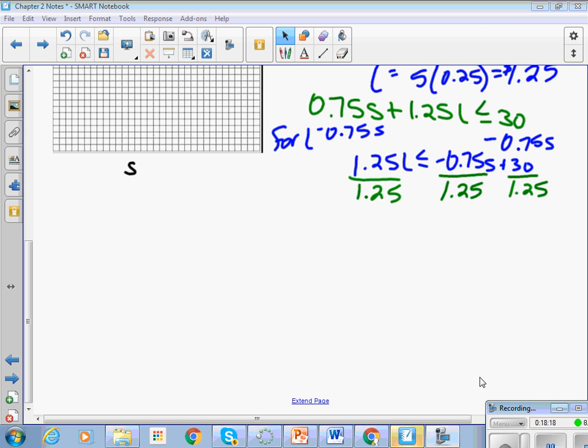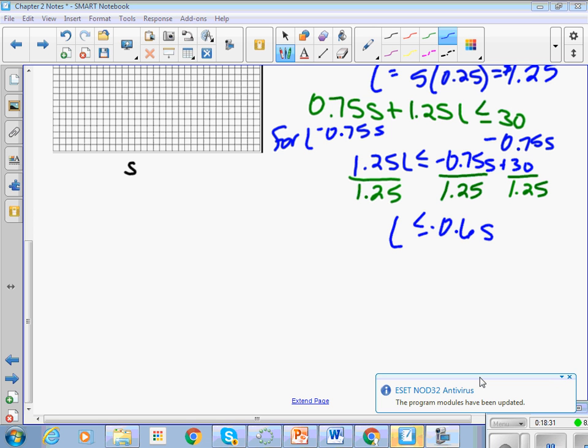So I get L is less than or equal to negative 0.6S plus 24, since 30 divided by 1.25 is 24.